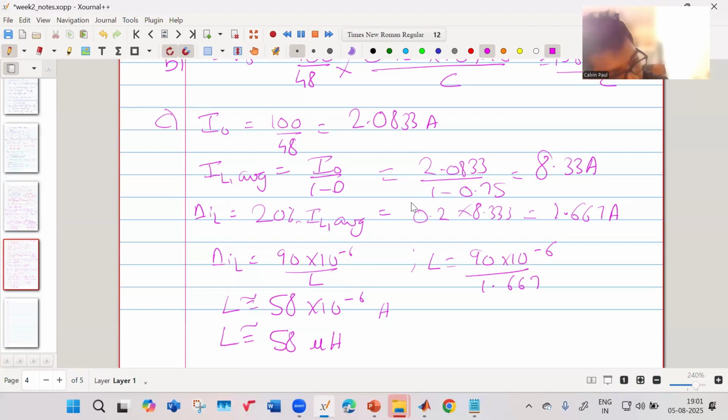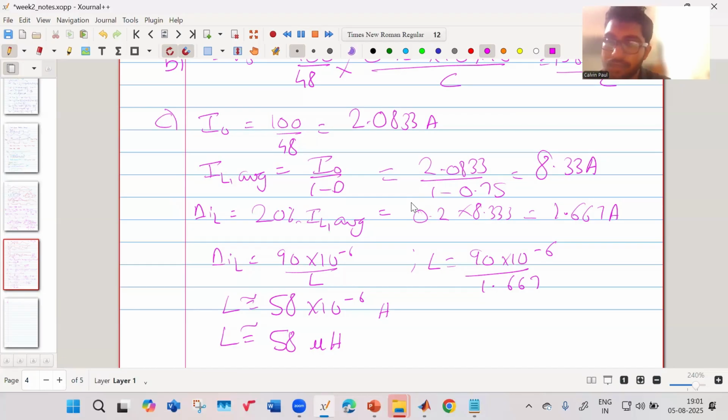Because if you had designed for 20% of your load current, which is already 2.0833 ampere, and on top of it you make it 20% of 2.0833 ampere, it would be around 0.4 ampere or something. That ripple current is very, very small as compared to your average current, which is not acceptable. That's why we do it for some factor of your rated average current.